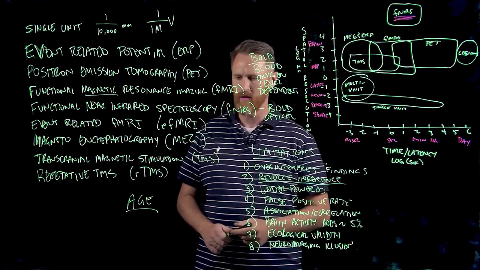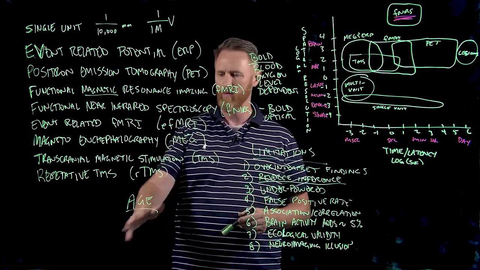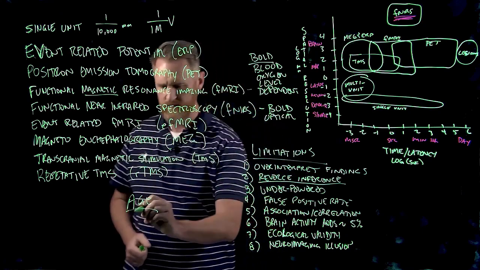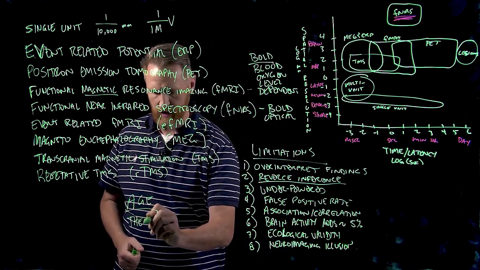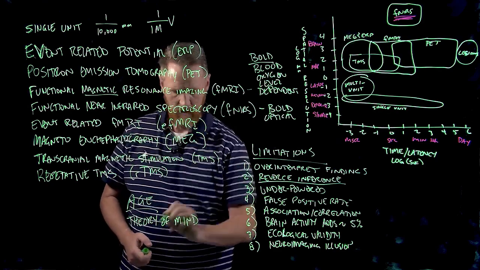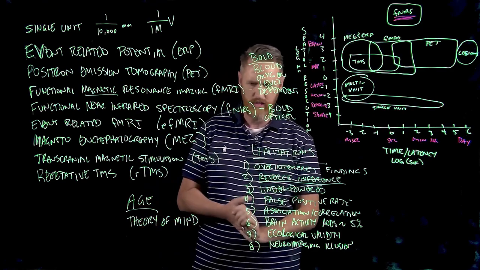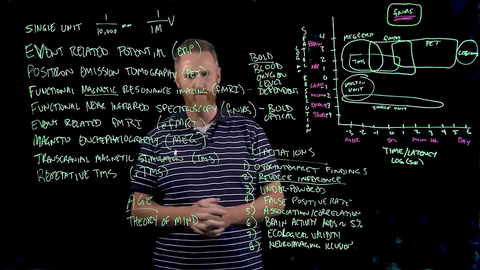But aside from risk and judgment, one of the other areas that's very important is this concept called theory of mind. Theory of mind is classically described as usually occurring at about 4 or 5 years old.